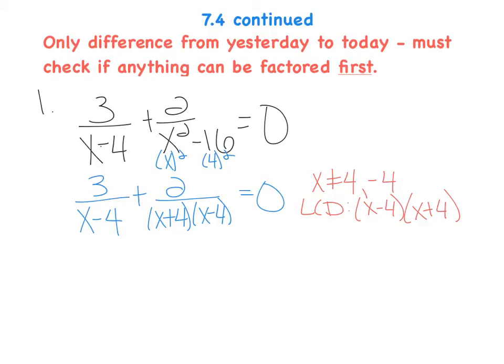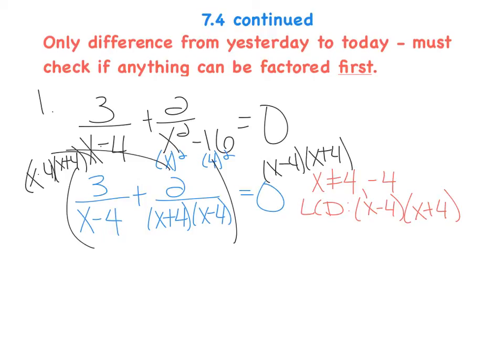The next thing is going to be like what we did on Friday. So now we're going to take each of these terms. We're actually going to multiply both sides of my equation by that least common denominator, which is x minus 4, x plus 4, and then this side by x minus 4, x plus 4. And we're going to distribute it to both terms, just like Friday.